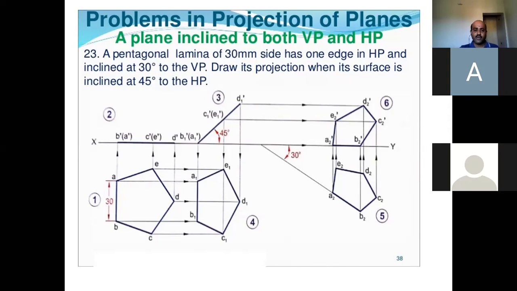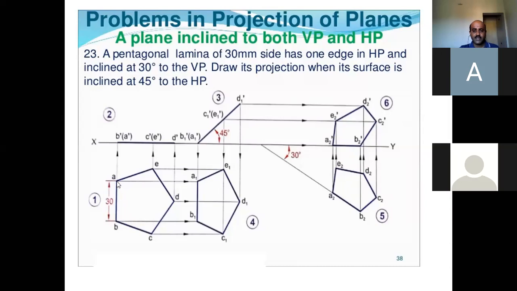Okay. So this is what we have drawn here. A pentagonal lamina, the edge AB. AB is the edge which is resting on HP, and the pentagonal lamina is ABCDE. This is a regular pentagonal lamina of 30 millimeter side, resting on the edge AB. See, this is AB.